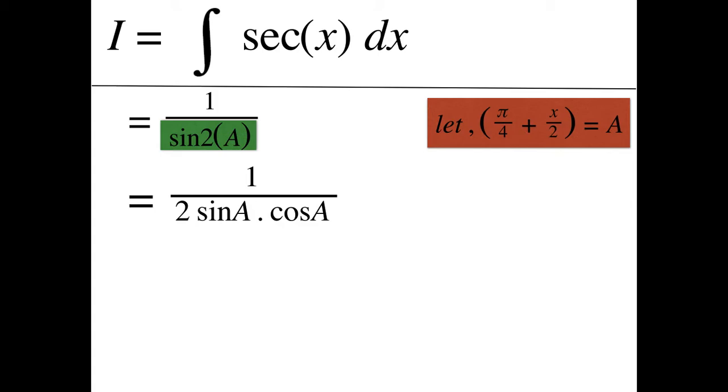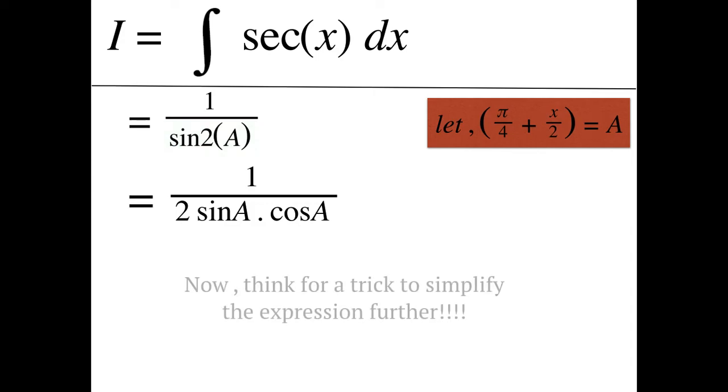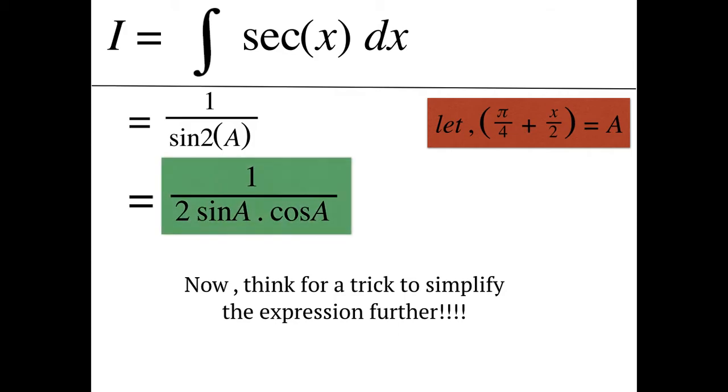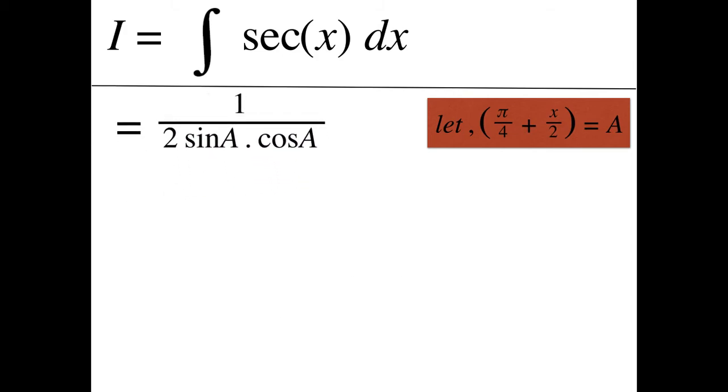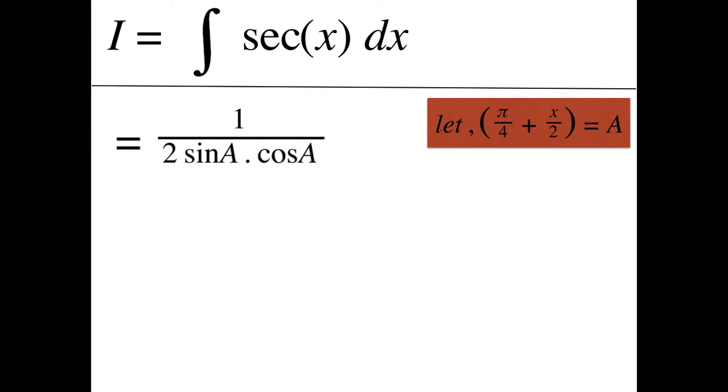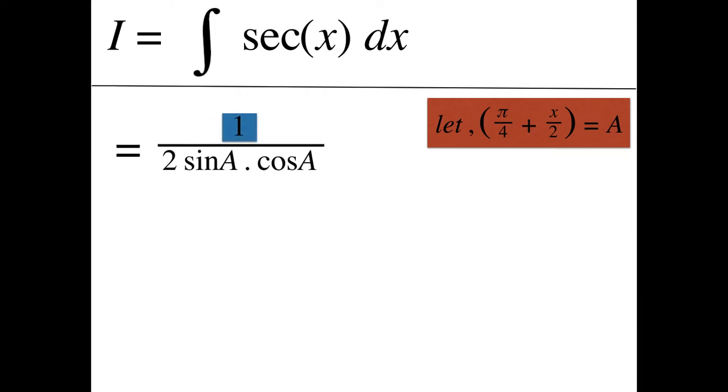Now there comes a trick. It's a turning point of the question. Please find a trick to simplify this further, and I'll give you a hint. To get the hint, you have to simplify 1 over 2 sine a times cos a. Look at the numerator term. You have 1, right? And look at the denominator term. You have sine a times cos a.